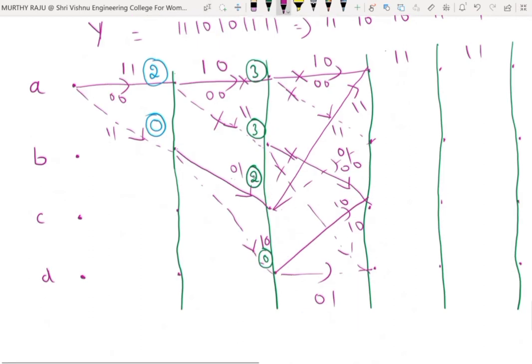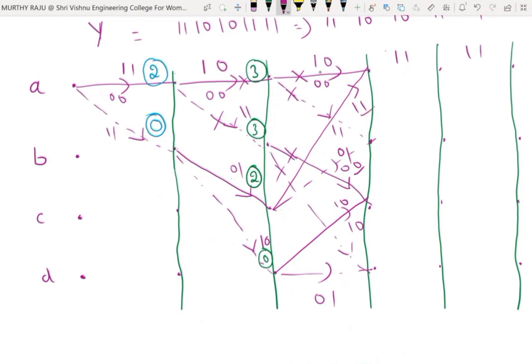Consider these two, 2 and 0. This 2 and 0 means C to A with output 1 1, and C to B with output 0 0. These two are considered. Okay.